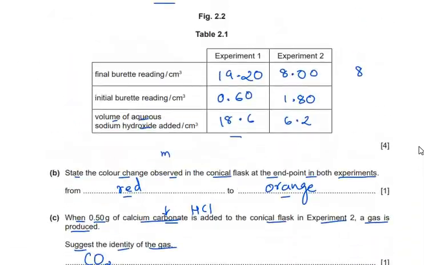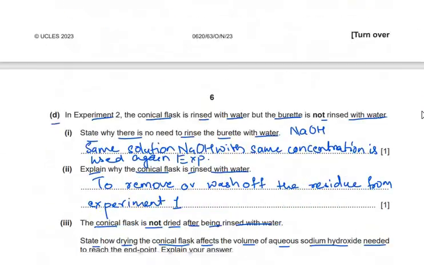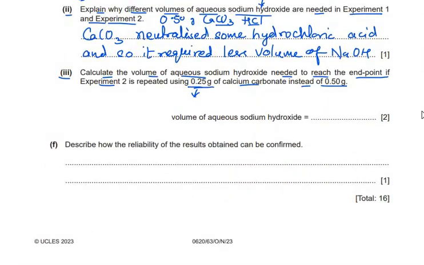The volume of sodium hydroxide required was 6.2, so make it double: 6.2 multiplied by 2 is 12.4 centimeter cube. It carries 2 marks, so it's necessary to write the unit centimeter cube.